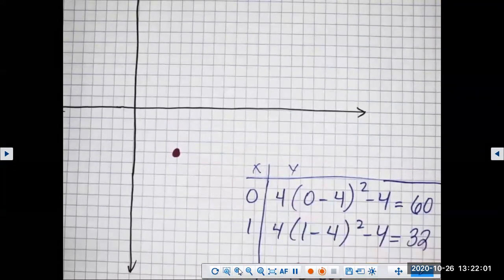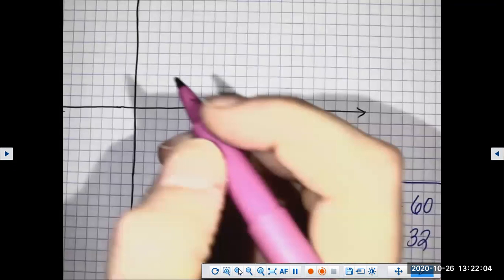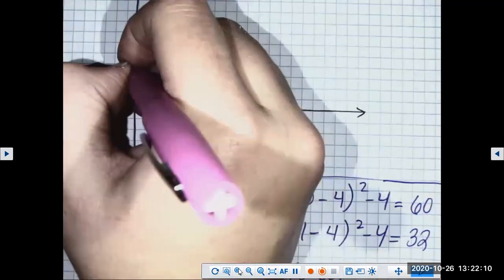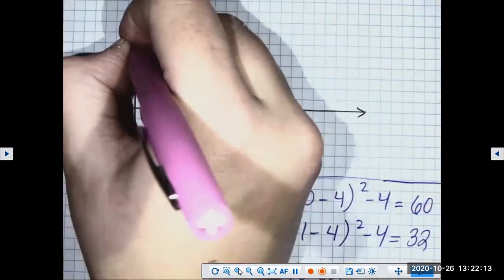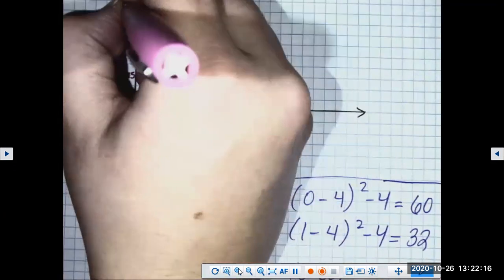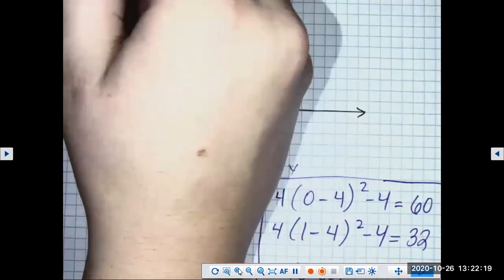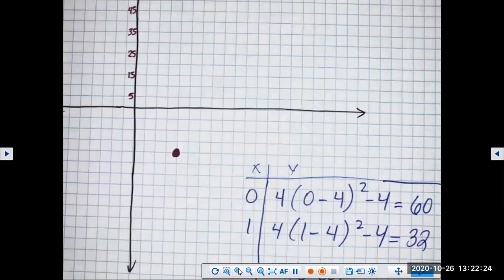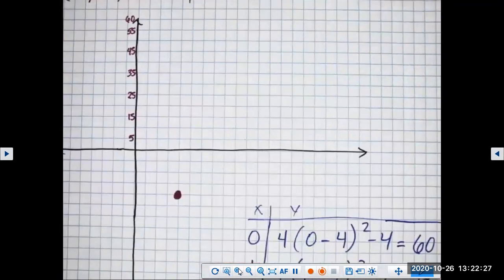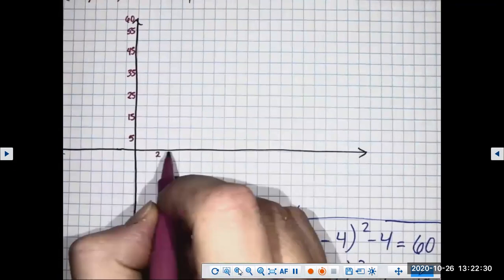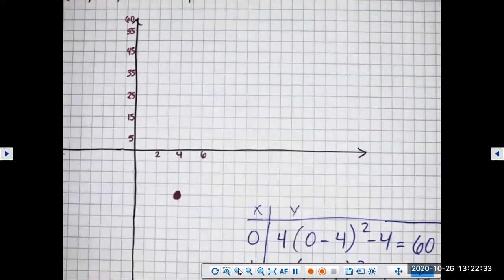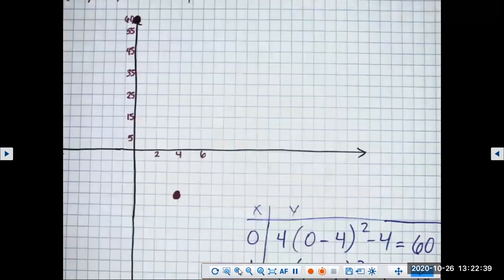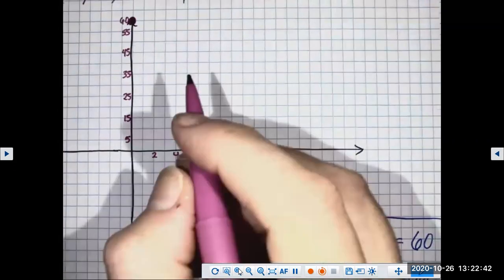We'll go by 5s. Okay, 0, 60. And then the other point was 1, 32.